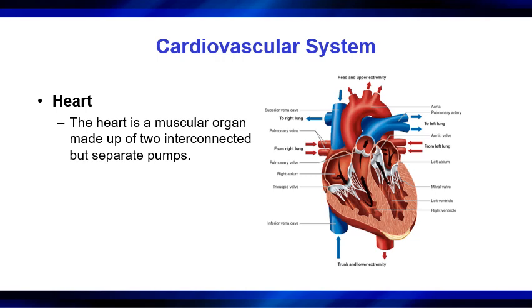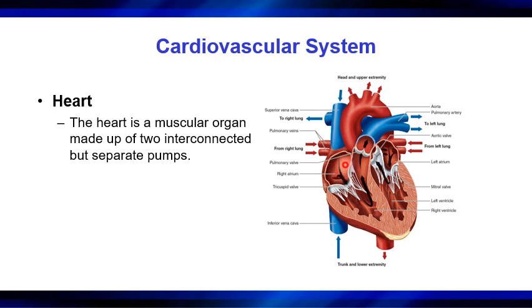You should be able to go from any point and describe how blood goes. Now, we are going to describe it starting at the right atrium. In the heart, you have the right atrium, right ventricle, left atrium, left ventricle. Here's the way blood will travel through the heart, starting at the right atrium.